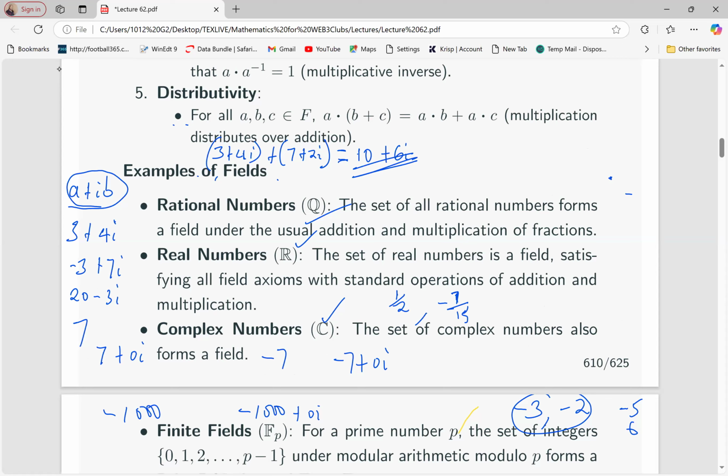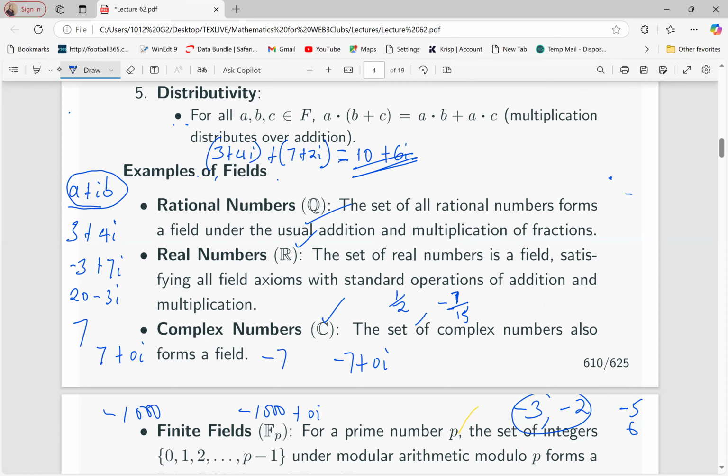What about their product? 3 plus 4i multiplied by 7 plus 2i. 3 times 7 will be 21. 3 times 2i will be 6i. 4i times 7 will be 28i.